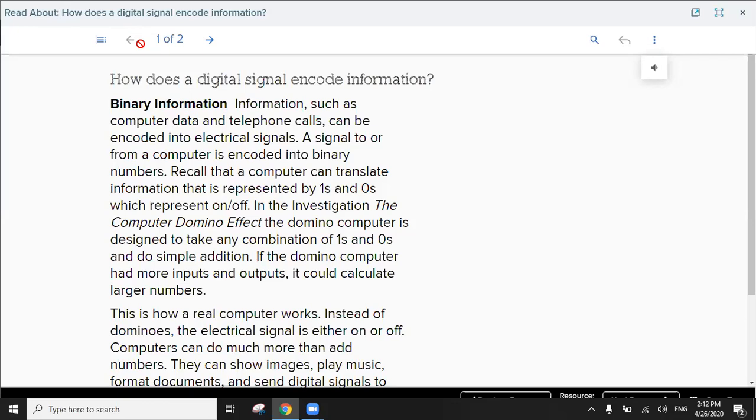In the investigation, the computer domino effect, the domino computer is designed to take any combination of 1s and 0s and do simple addition. If the domino computer had more inputs and outputs, it could calculate larger numbers.